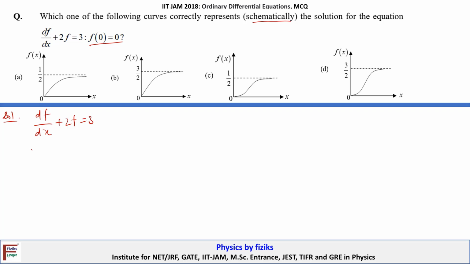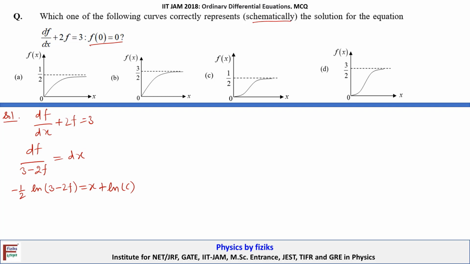This can be written as df divided by 3 minus 2 times f is equal to dx, and on integrating both sides we can write it as minus 1 by 2 into ln of 3 minus 2f is equal to x plus some arbitrary constant in logarithmic terms, that is ln of c.